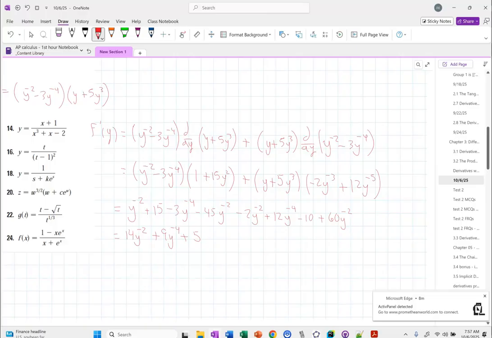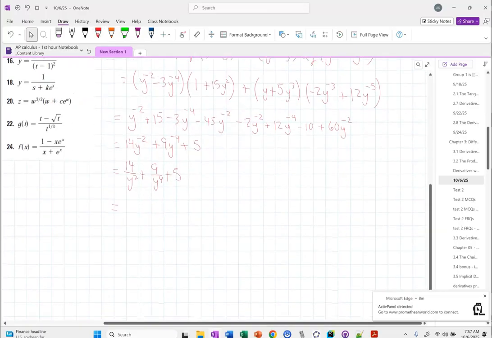Would they keep going? I don't know. I mean, depending on what the multiple choice looked like, maybe we'd have to do that. And then maybe it would say, oh, let's make a common denominator here.